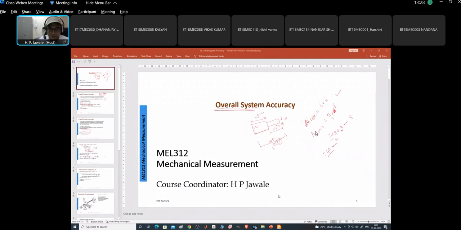Right. So what we discussed is that the errors are going to propagate, maybe because of a random source or a systematic source of error, and we need to find out what the overall system accuracy will be with a larger number of components. It started with a very simple discussion: the measurement of the length of a job or workpiece on the shop floor.